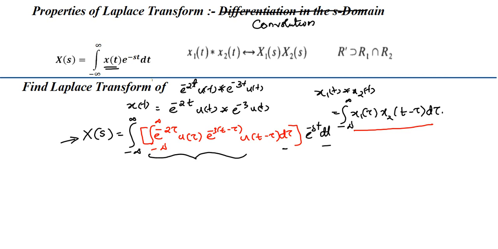If you know the transforms of x1 of t and x2 of t, the transform of the convolution is simply x1 of s into x2 of s. So we will approach it with the property method, which is very simple. The direct method without the property is very complex, so we will not prefer it.